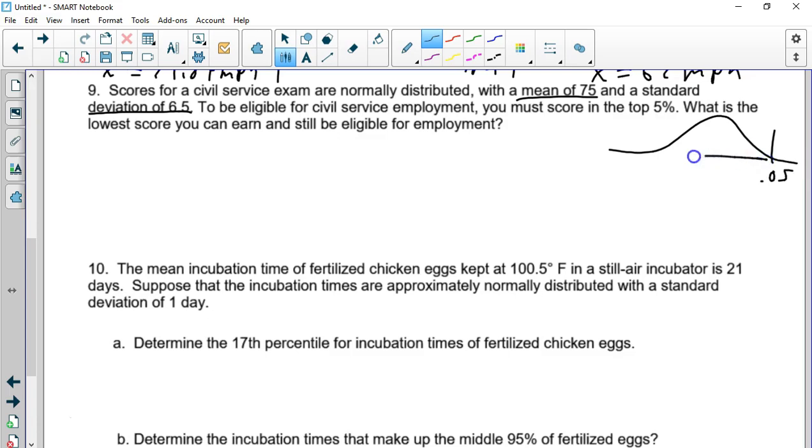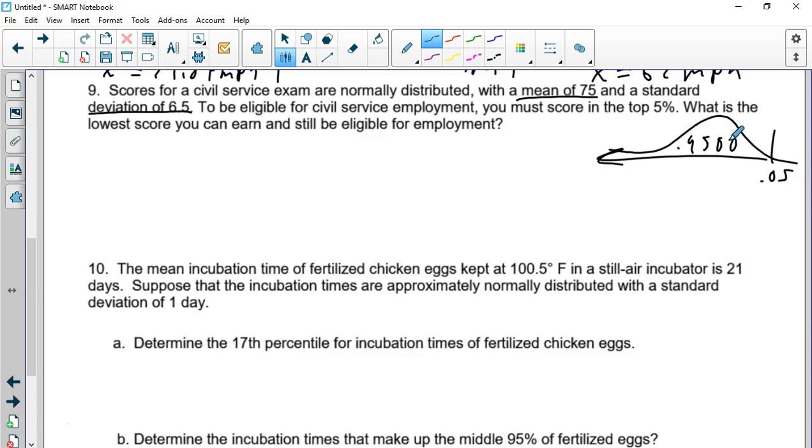That means we're looking for an area of 0.9500 on our chart. So if we go to our full chart and find 0.9500, now obviously it's going to be on the positive side because we're on the right side.